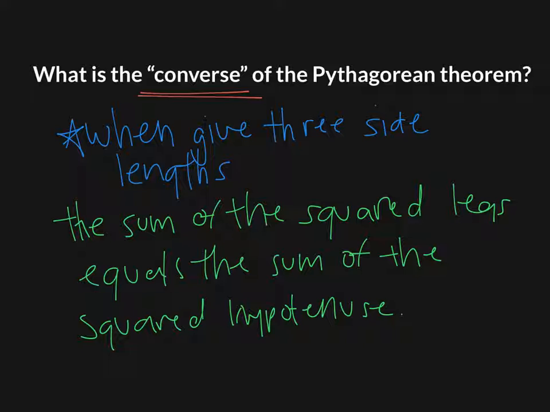So take a second to write that down. When given 3 side lengths, boom, that's important. The sum of the squared legs equals the sum of the squared hypotenuse.